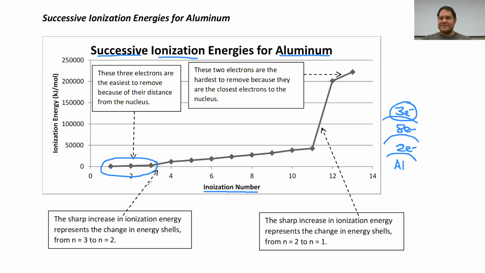So obviously, these are the easiest ones to remove and take the least amount of energy. But then you'll notice there's a point here where there's an increase. Interesting. There's just this little gradual change in energy, and then there's kind of this little spike here, okay? Interesting. Let's come back to that spike.